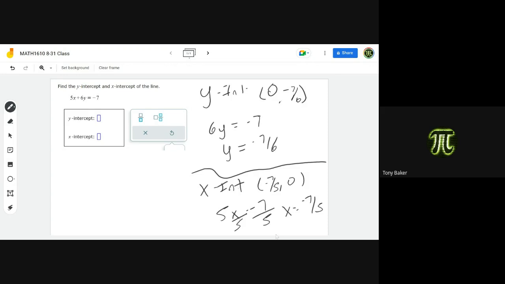Most of the problems that you're going to see, the slope's a whole number. In this problem, the slope's a fraction.